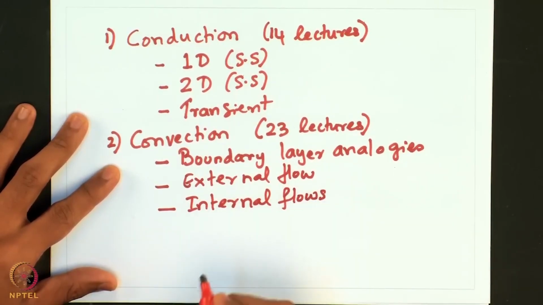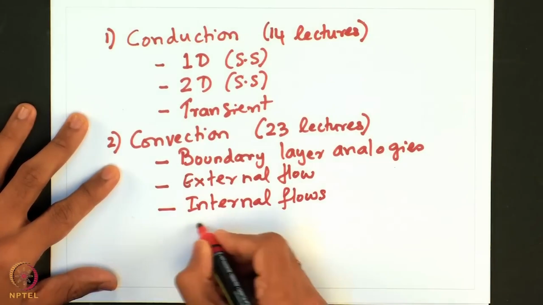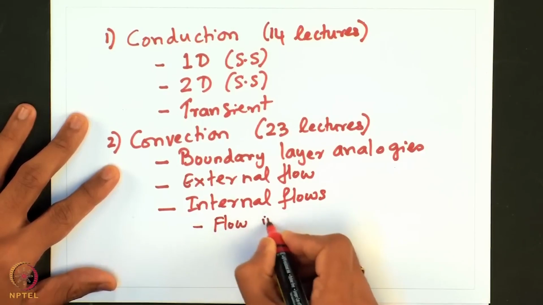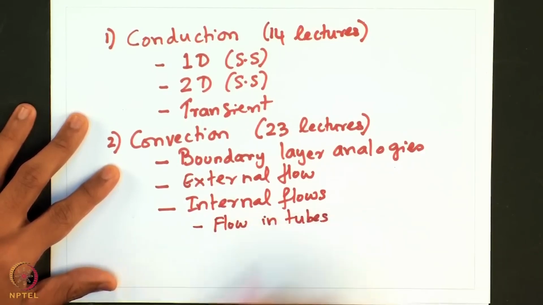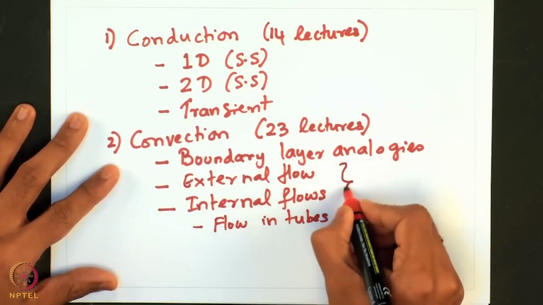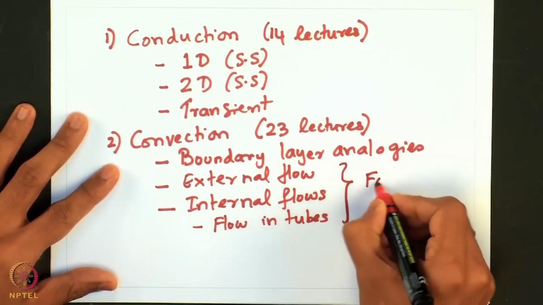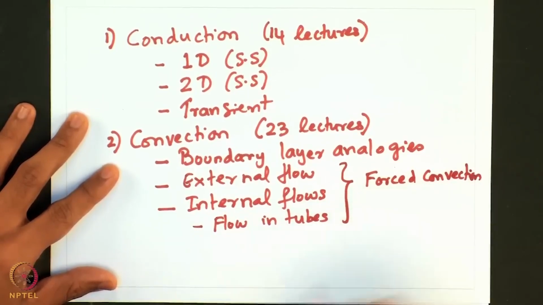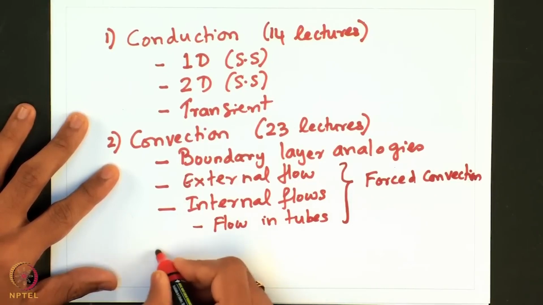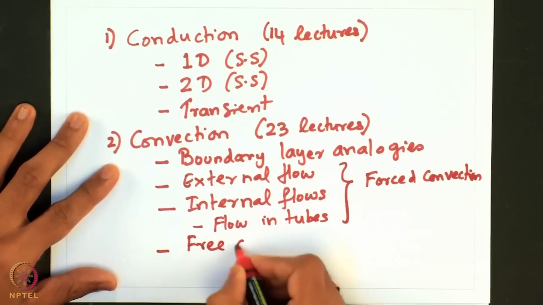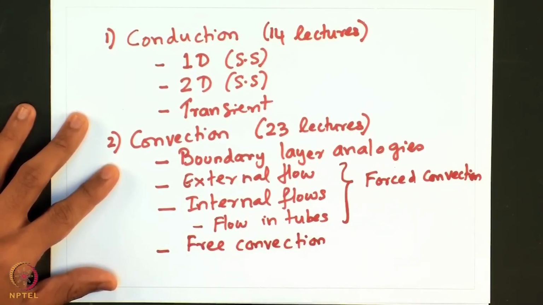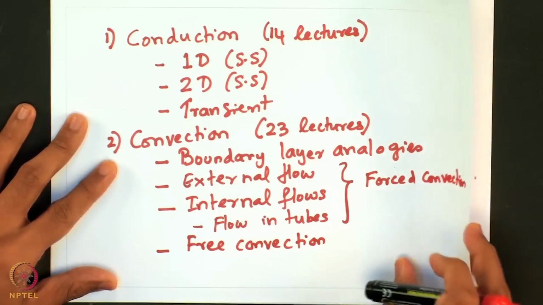In the case of internal flows, we will look at flow in tubes, and both these would fall in the case of forced convection. And the next topic, we will look at free convection systems.